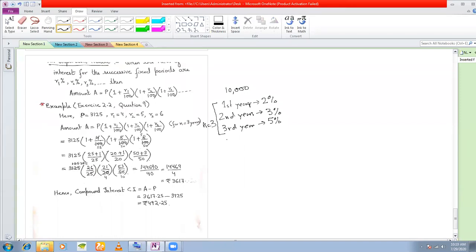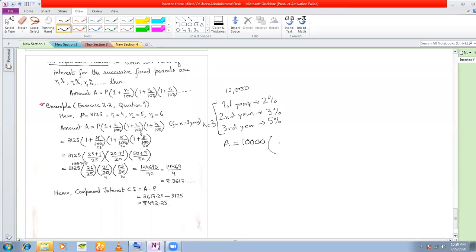Then clearly, I have invested the amount for how many years? 3 years. So now I'll put the formula for such a case when rates are different for different years. I will have one component for each year. That is, I will have A is equal to P. Let's say P is 10,000. So let me put the value of 10,000.